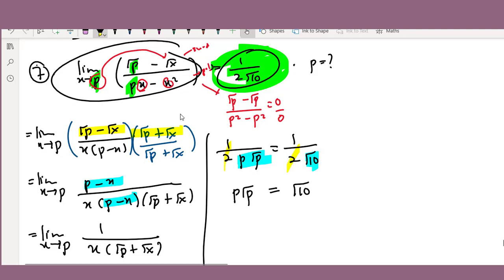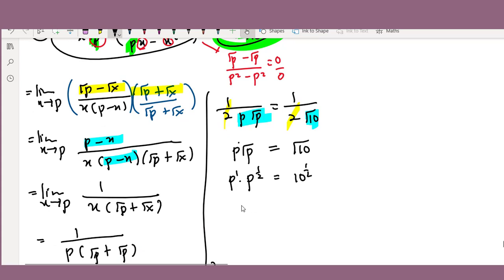Then next simplify p. p to the power 1 times p to the power one third is equal to 10 to the power one third. Then using the indices, 1 plus one third is 4 over 3, is equal to 10 to the power 1 over 3.